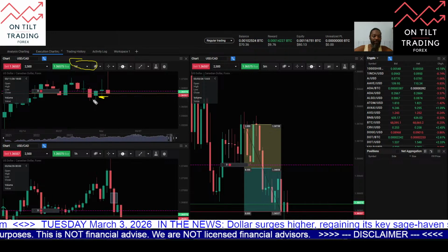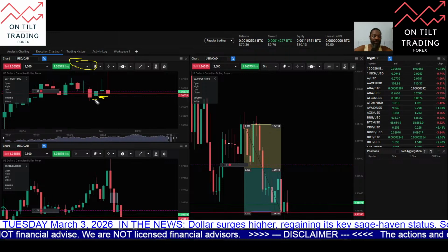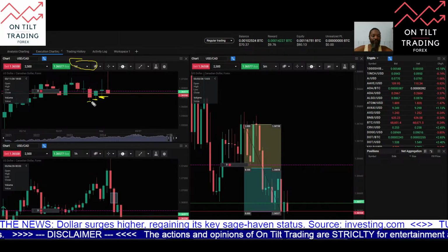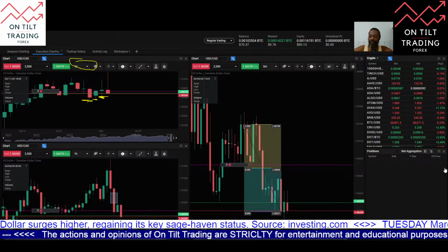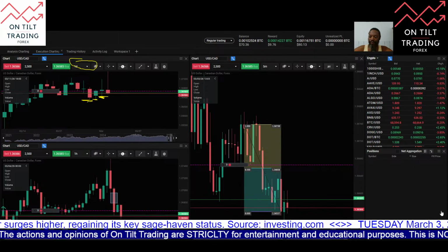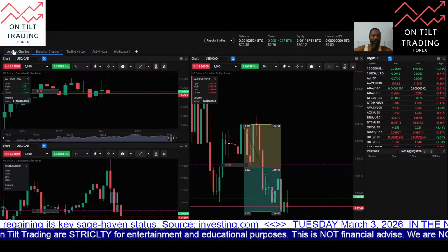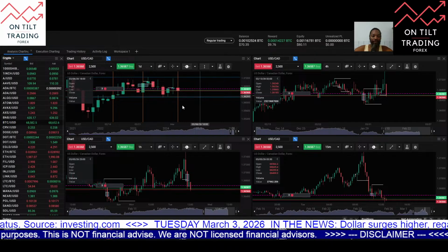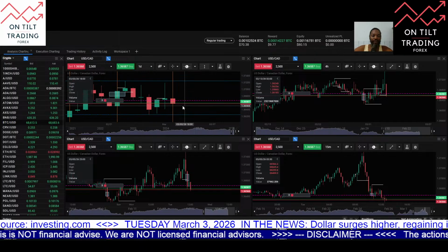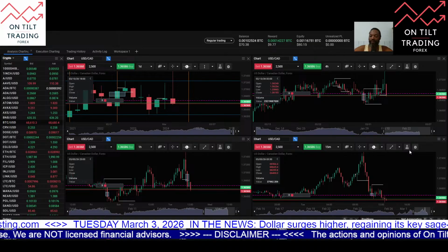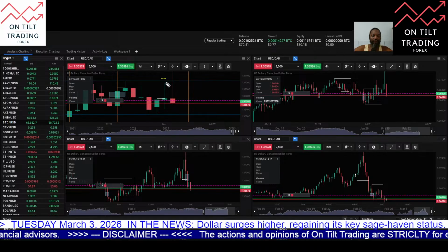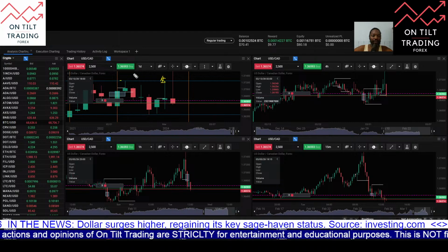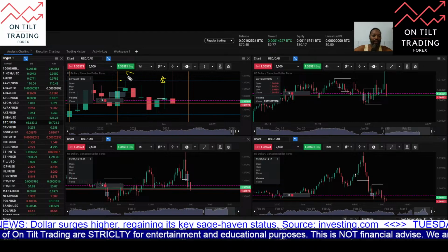Then I have some additional orders for the low of, what would this be? Friday and for Thursday. The reason I put those orders out there as well is because here on the daily chart, we get this sweep of liquidity. There was a sweep of yesterday's buy-side liquidity, and there's also a sweep of last week's buy-side liquidity.